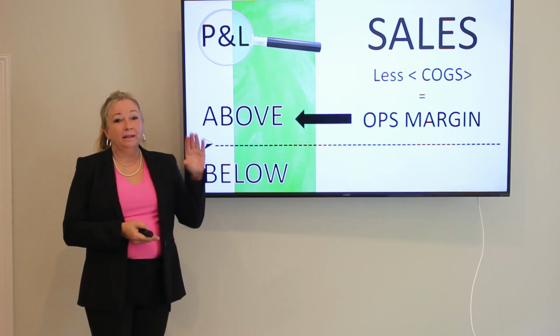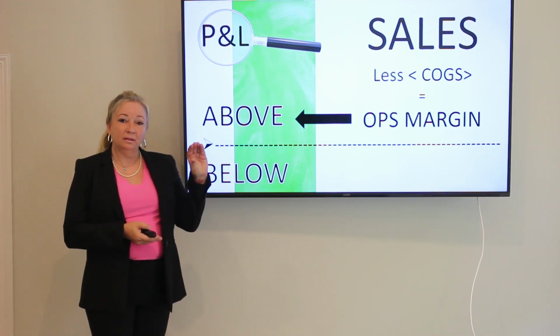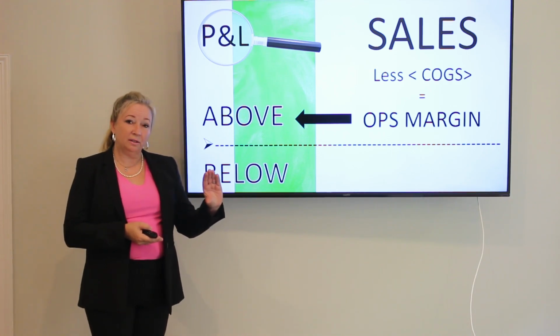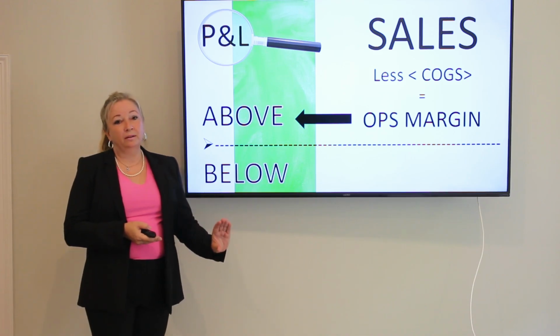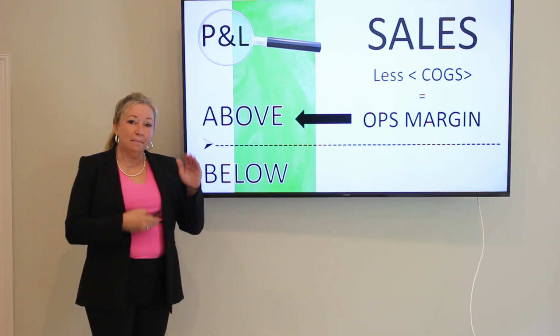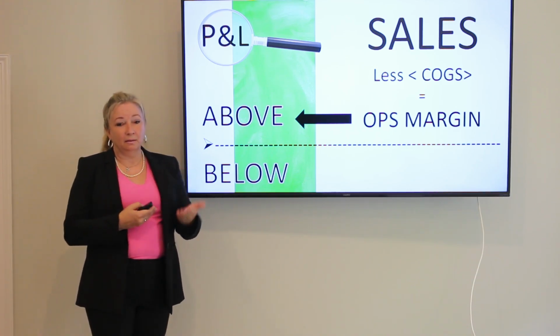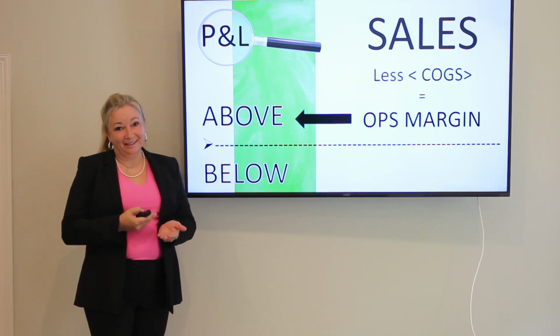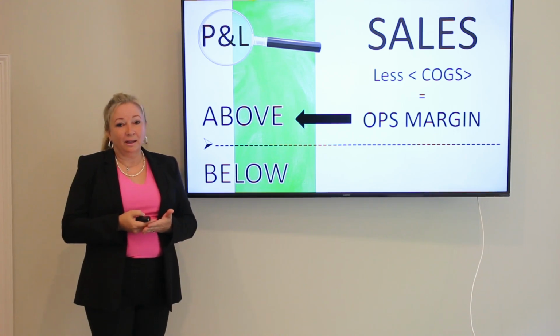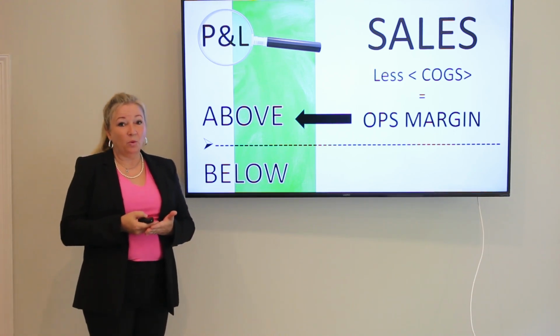The section that begins with income or sales, and then it subtracts out cost of sales or cost of goods sold, and then we're left with gross profit or gross margin. It means the same thing. But this is the operational metrics part of your business. It drives how you earn your sales. It's what you do for a living. It's what you sell.